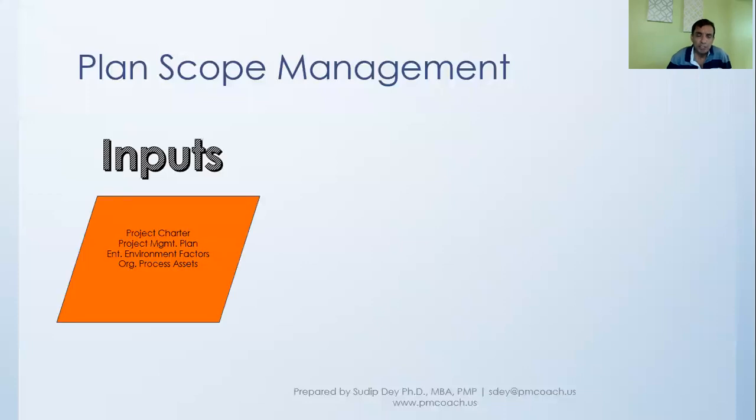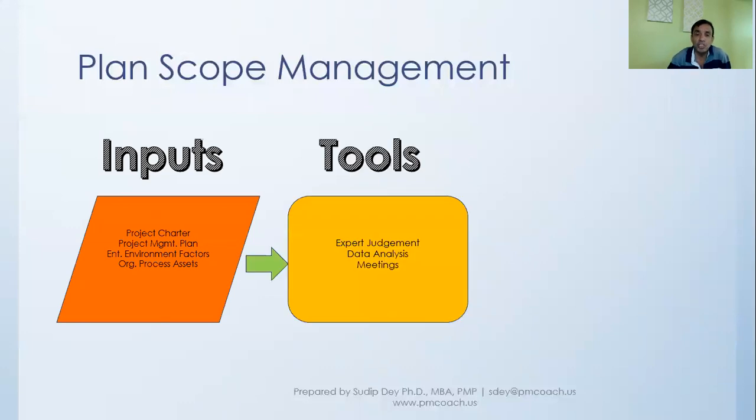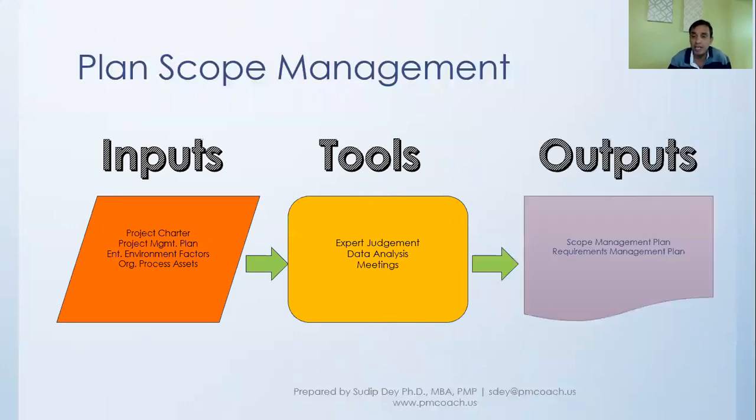The plan scope management is a process, the inputs to which are the project charter. Remember, in the project charter, we would have put together high-level scope, high-level requirements. And then, of course, the project management plan, environmental factors, organization and process assets, and some of the tools that we'll use are data analysis, meetings, and expert judgment.